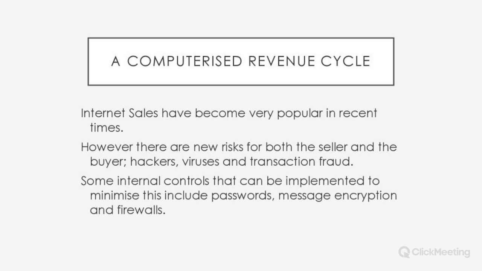For example, there should be antivirus protection within the computerized systems of the organization, strong passwords so that hackers are not able to hack your computers, and message encryption and firewalls put in place. And also, internal controls that will avoid any fraudulent transactions taking place. I'll talk about those in a minute.